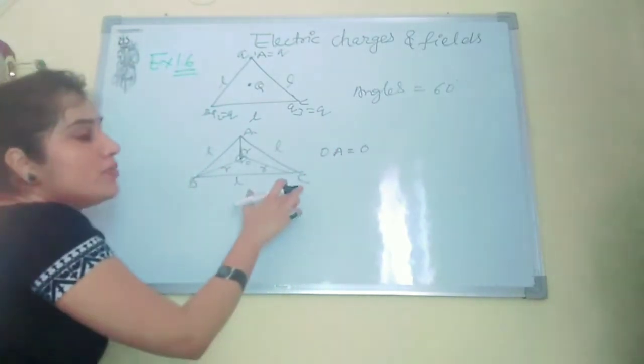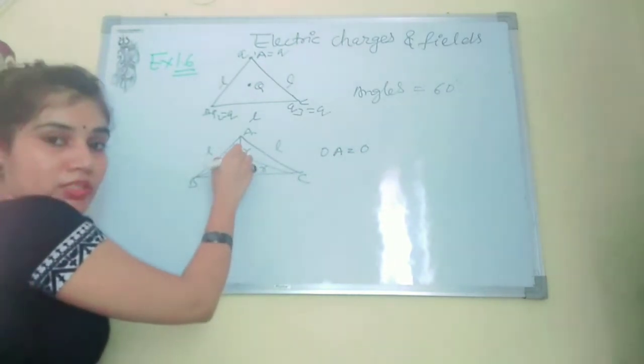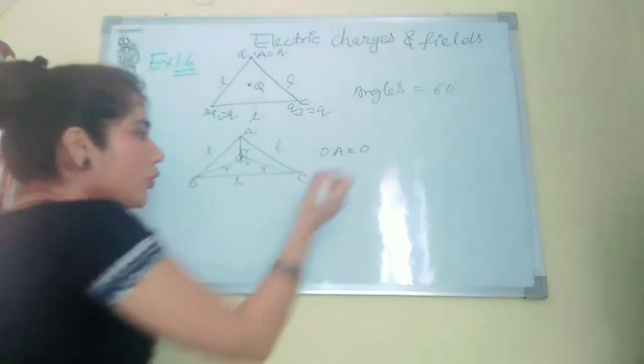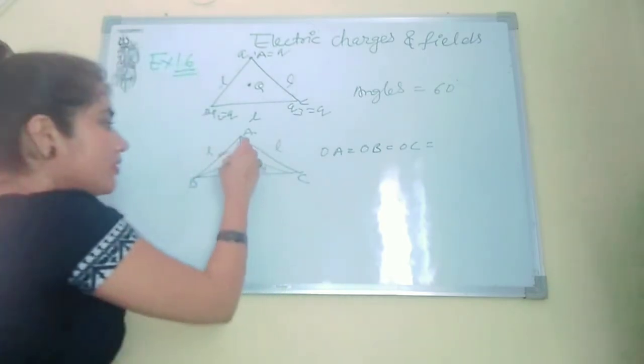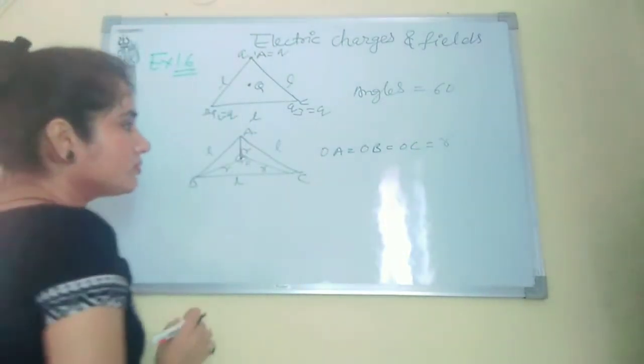So we join the vertices to the center point, then all these measurements will be equal. So OA equal to OB equal to OC equal to R, which we have assumed here.